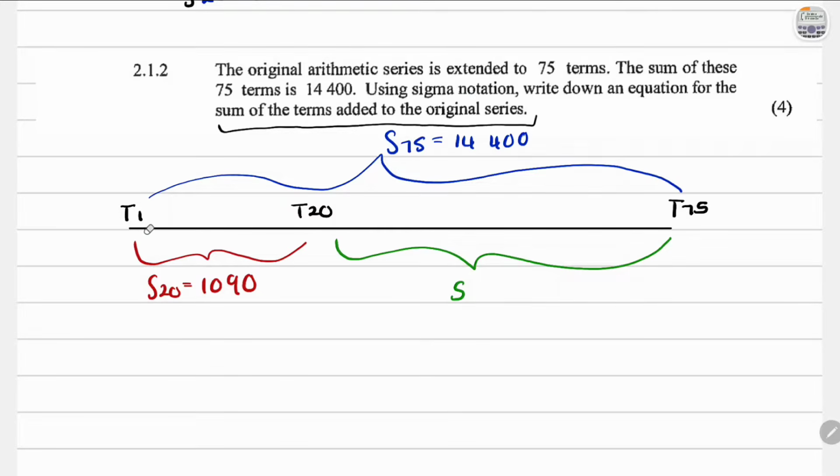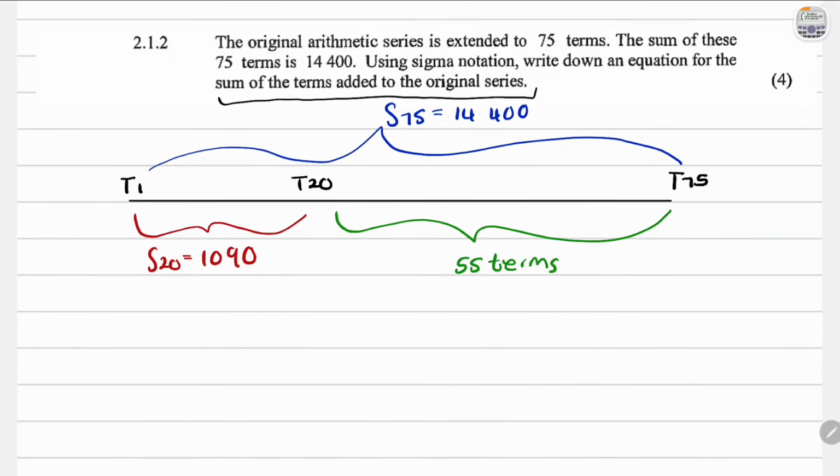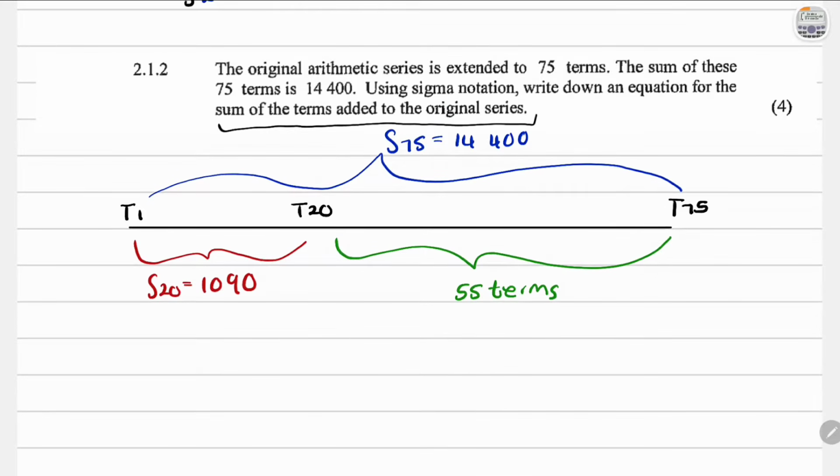So if the original series had 20 terms, then it got extended to 75 terms. The remaining series that you have would be 55 terms, okay? Because 20 terms plus 55 terms would give you the total of 75 terms. So what they're asking us to express in sigma notation is an equation for these 55 terms.